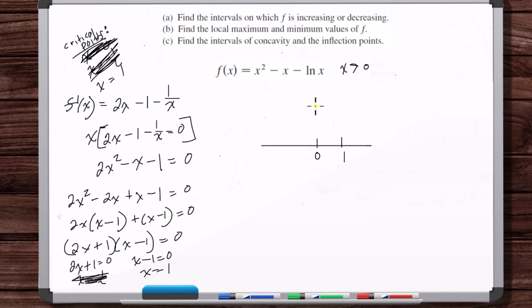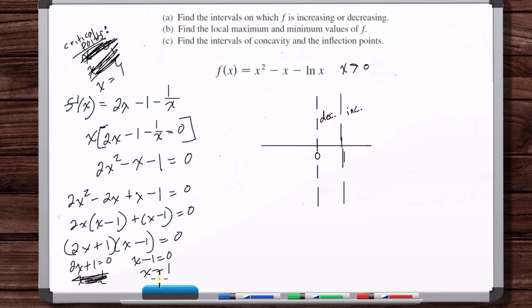And from the endpoint to the first critical point, the function is decreasing. And then from the critical point to infinity, it's increasing. This is outside of the domain.